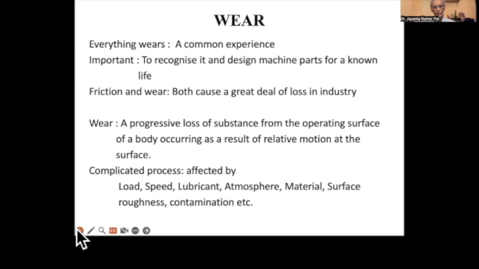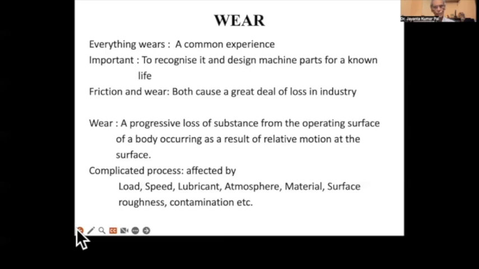All kinds of atmosphere are possible, and they will affect the wear process. Then the type of material, whether it is ductile, brittle, or whatever, the surface roughness, smooth or rough surface, and contamination on the surface, whether there is an oxide layer or some other layer, these factors will affect wear. So this is our starting point of wear study.